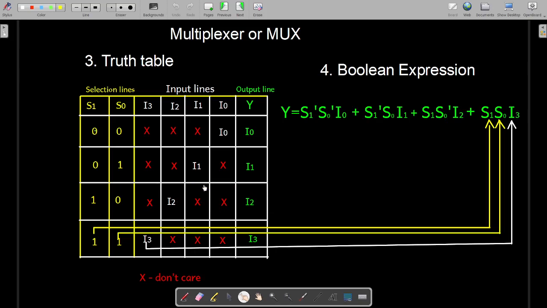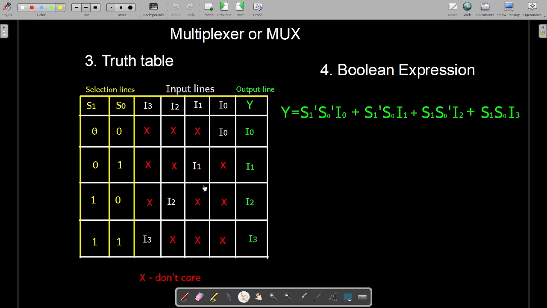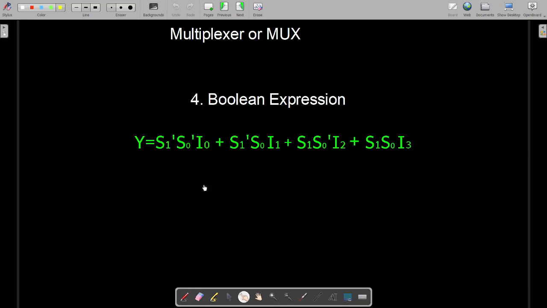Then we go for the last combination, that is S1 is 1, S0 is 1, I3 is there, so it is S1, S0, I3. So we got the Boolean expression finally as Y equal to S1 dash, S0 dash, I0 plus S1 dash, S0, I1 plus S1, S0 dash, I2 plus S1, S0, I3.